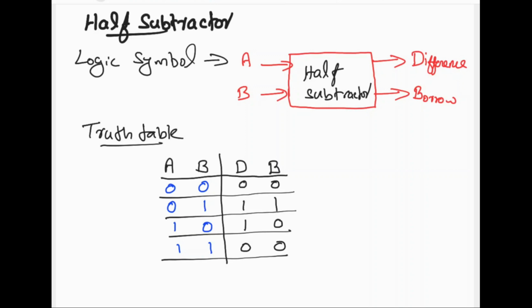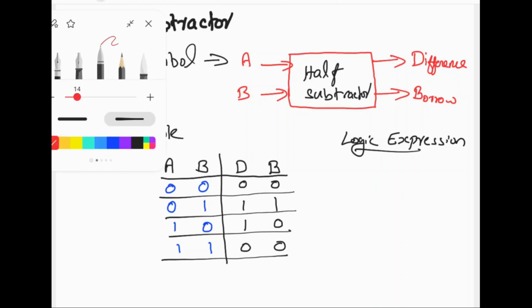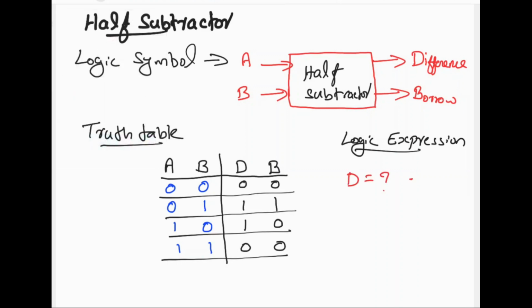And now we will see the logic expression, or it is also known as logic equation. So we need to find the expression for difference and borrow. What is difference and what is borrow?